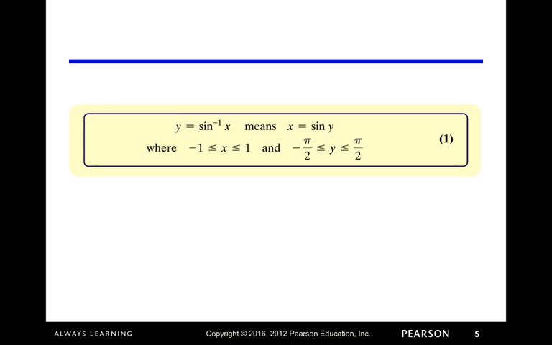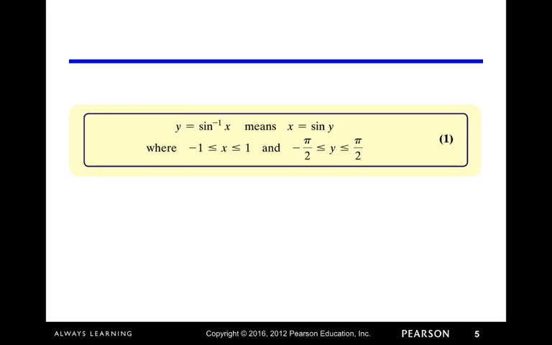So if y is the angle that has a sine of x, then x must be the sine of y. And so we need to be able to interchange these two methods of writing this function in order to sometimes solve or to use. We're going to need to be able to use both of these. So y is the angle that has the sine of x, and so x must be the sine of y.